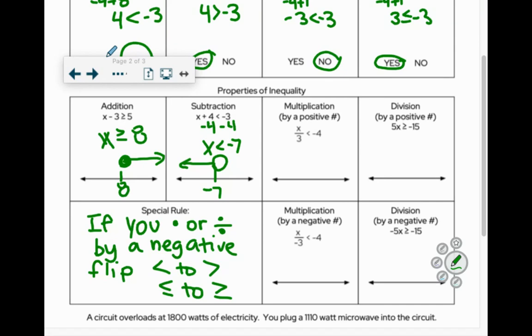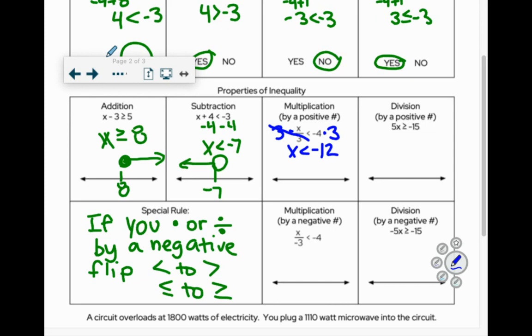This does get to be a little bit tricky though, because if you look at the next two examples, there is a negative involved, but the number that I need to multiply by is 3. That's not negative. So I'm fine. I don't have to switch them. Then these cross out, and you have x is less than negative 4 times 3, which is negative 12.